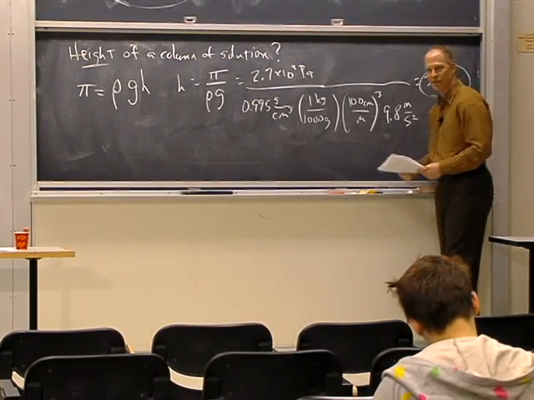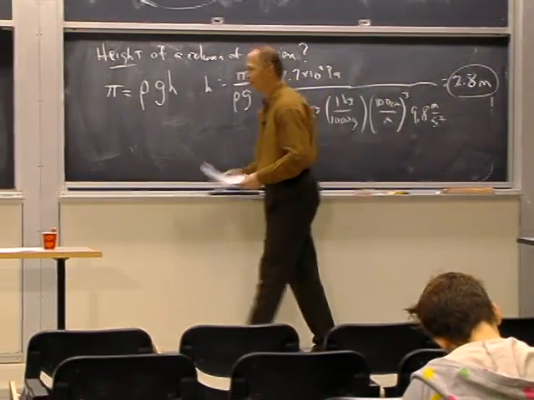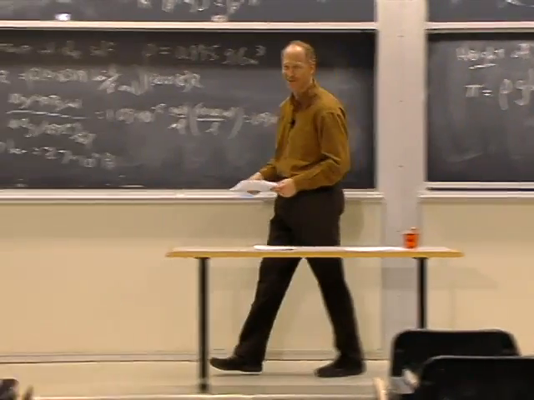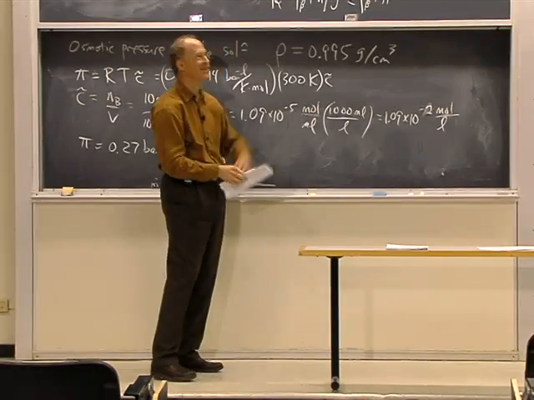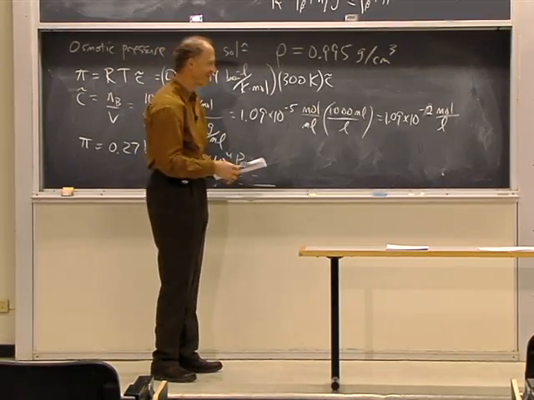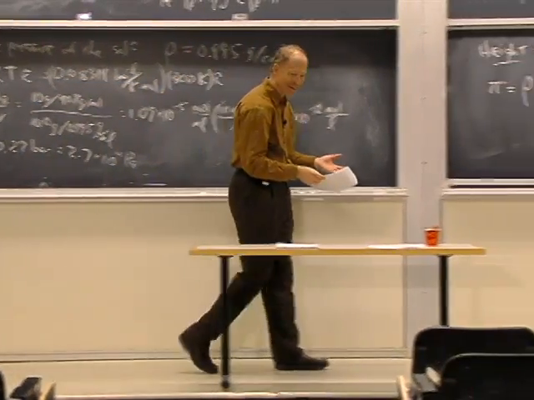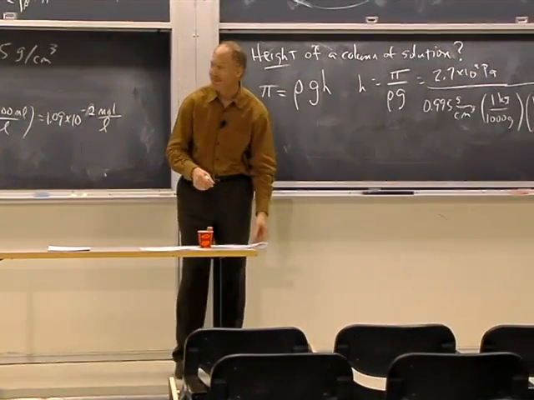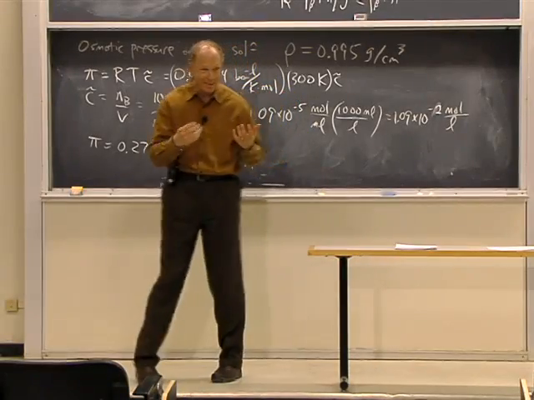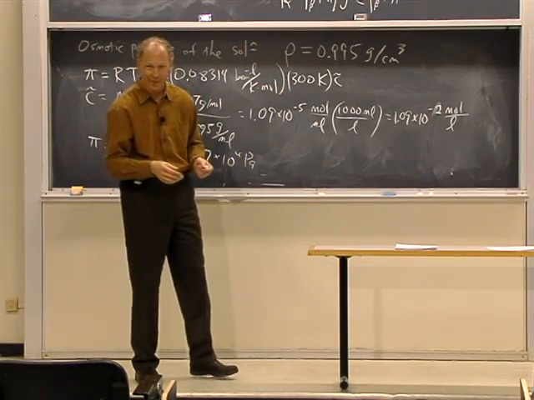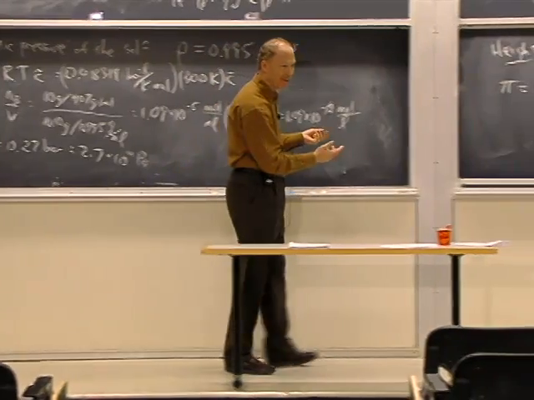Yeah, so that puny little pressure ends up being meters high, taller than any of us by far, right? So it's up to there. And that's actually pretty typical. And what that means is it actually makes osmotic pressure a very, very sensitive measurement method, if you want to determine a molecular weight, for example.